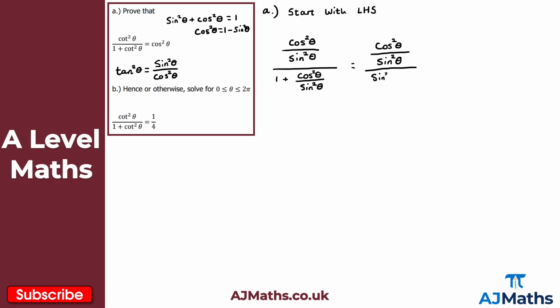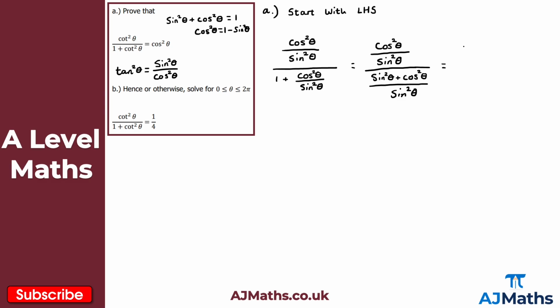So sine squared theta plus cos squared theta, all over sine squared theta. Now, we can see that sine squared theta plus cos squared theta is equal to 1, so this part here would be 1.